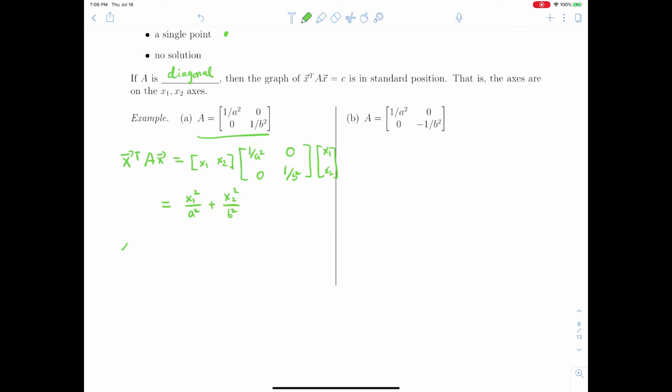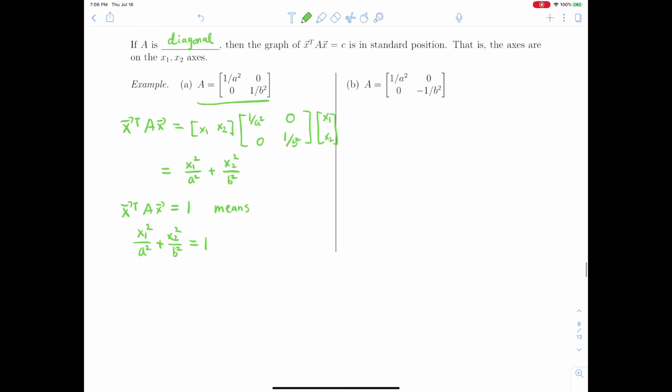So the quadratic form equal to 1 gives x1 squared over A squared plus x2 squared over B squared equals 1, and we already know the answer for this. This is the equation of an ellipse that looks like this, where A is over here and B is over here. And the principal axes are x1 and x2. Indeed, this graph is in the standard position.